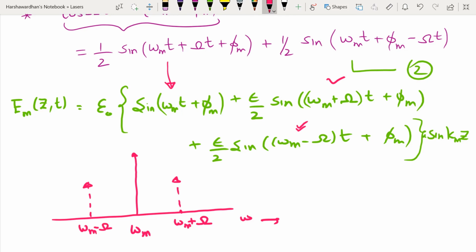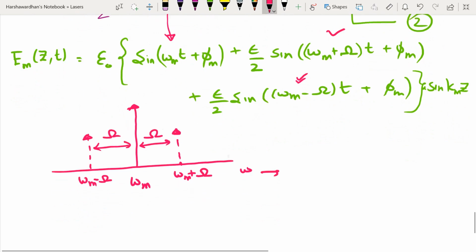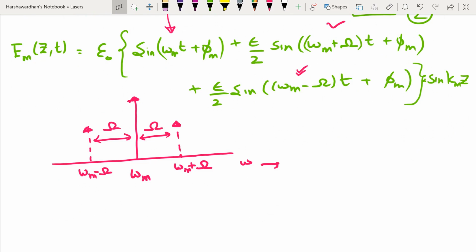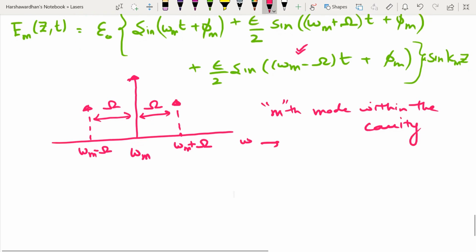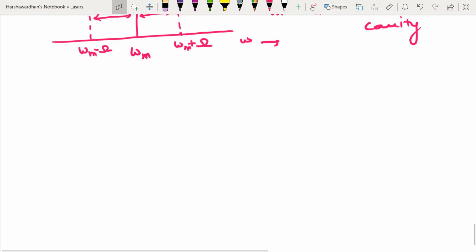So once you have these terms, you see that these are spaced by capital Omega about the central frequency. They are equispaced sidebands of the frequency. So this is what is going to be the structure of an individual mth mode within the cavity. So now let's put this idea and generalize it to multiple modes.